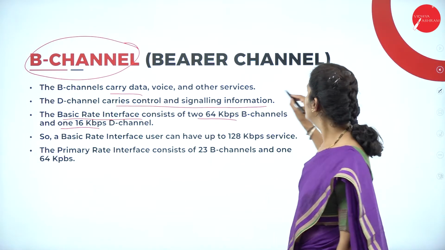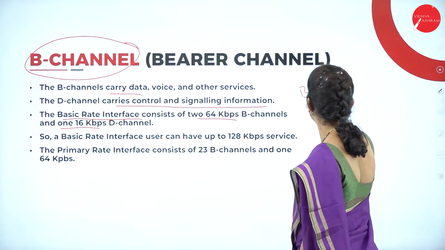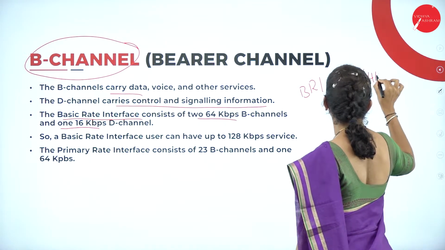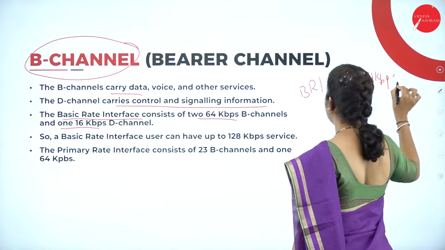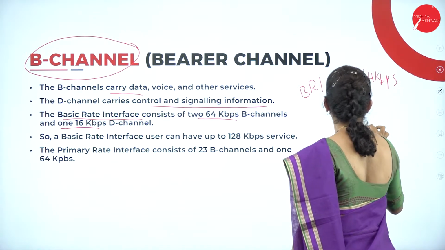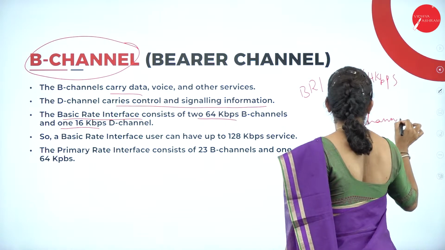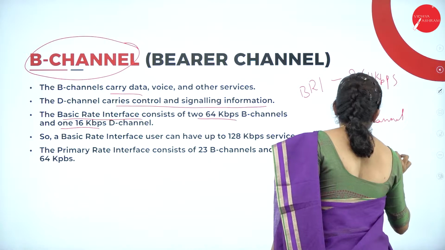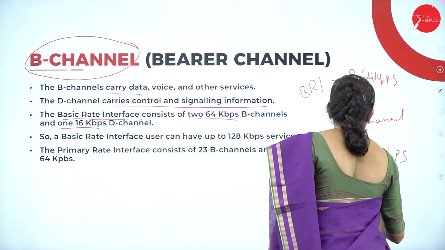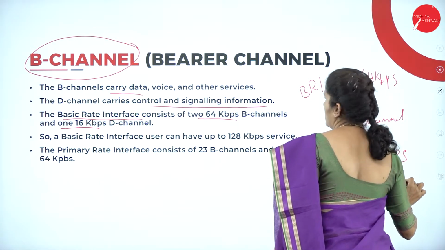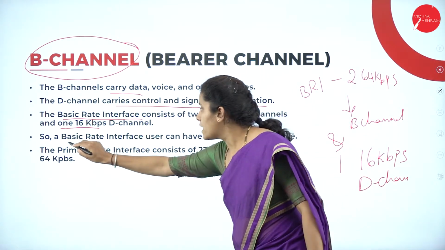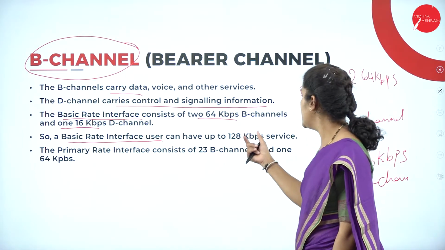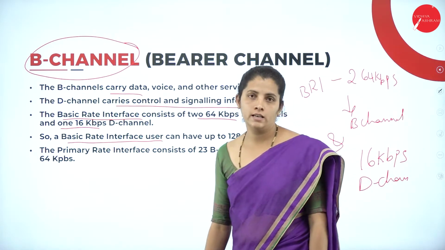I repeat, BRI uses two 64 kilobits per second B channels and one 16 kilobits per second D channel. The BRI user can have up to 128 kilobits per second service.